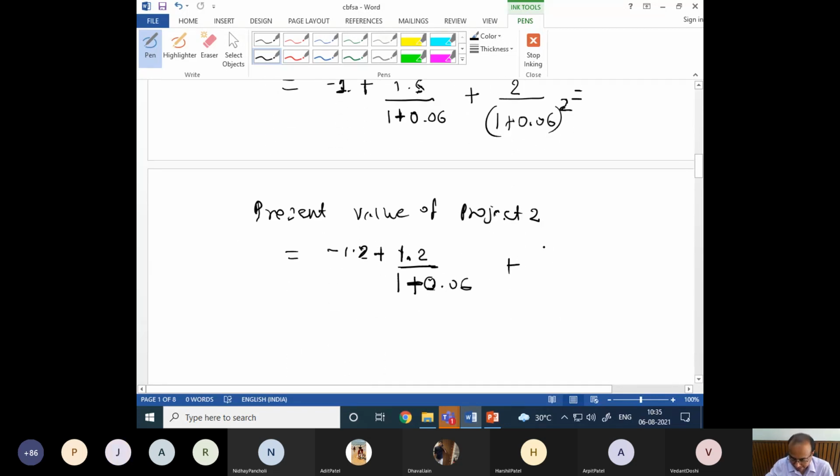So it is 2.6 divided by (1 plus 0.06) whole squared, right? Because it is compounding.